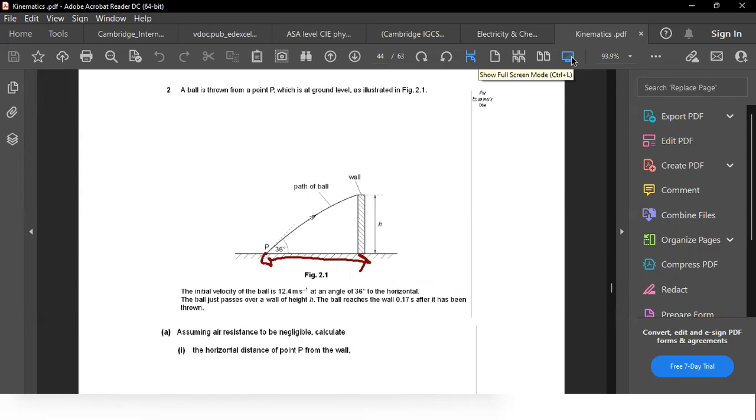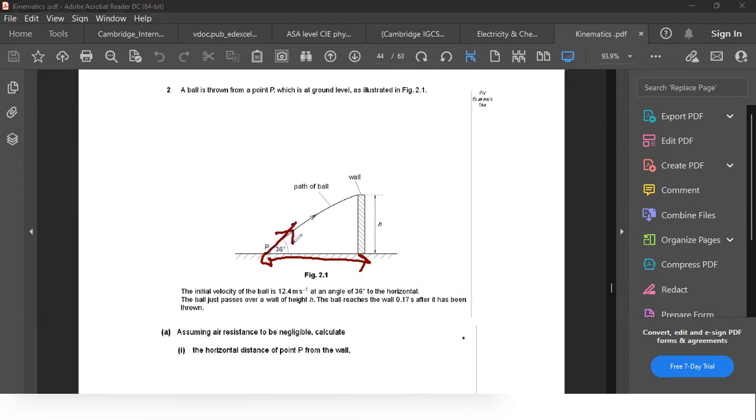The 12.4 that's been given to you is actually the resultant, right? So we need to find the vertical velocity. Exactly. Just like you found the horizontal component, now you need to find the vertical component. I'll give you a hint. Whenever they say initial velocity at an angle, they're always talking about the resultant velocity.